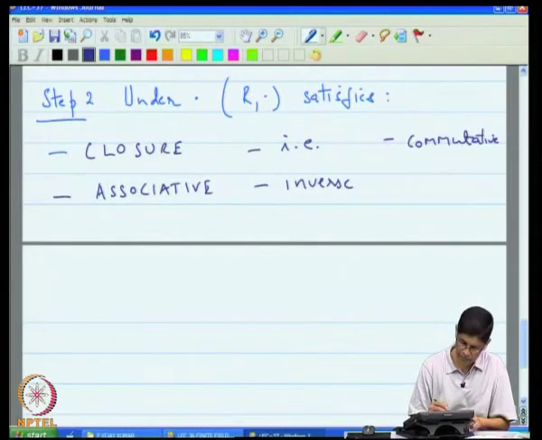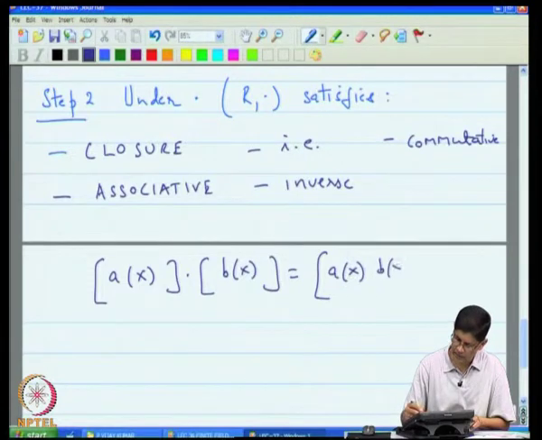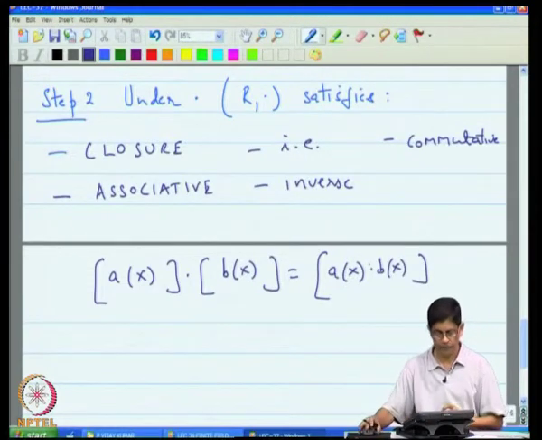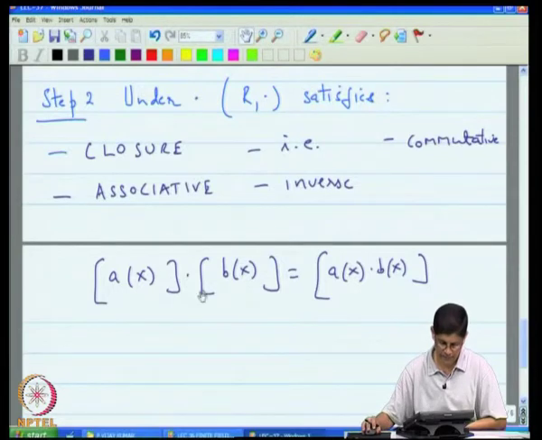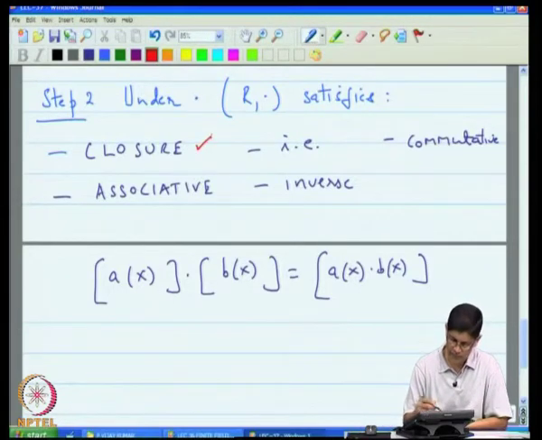Now this time we are talking about the operation which says that the equivalence class of A times the equivalence class of B is the equivalence class of A of x times B of x. This is what we are saying, and closure is immediate just from the definition, nothing to prove.